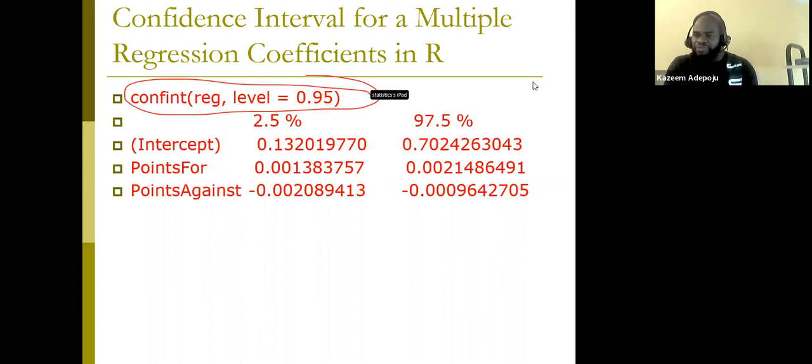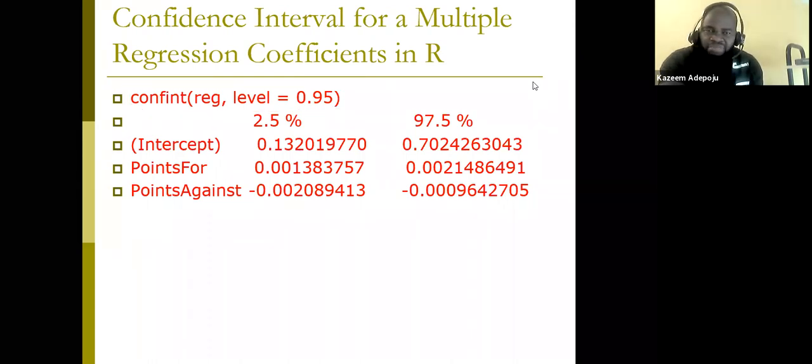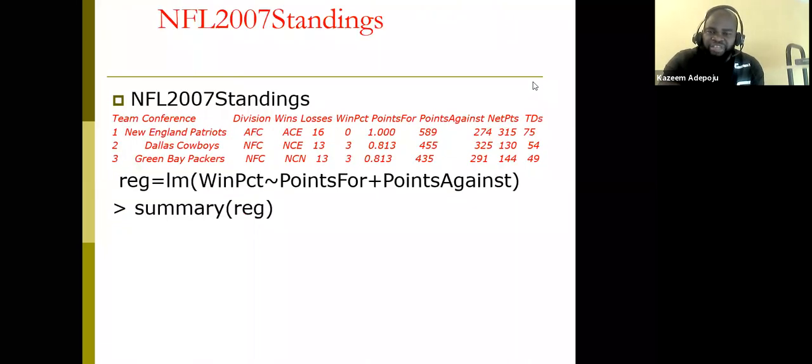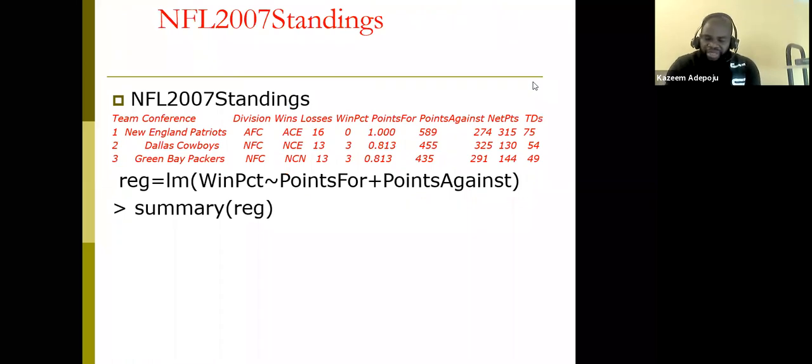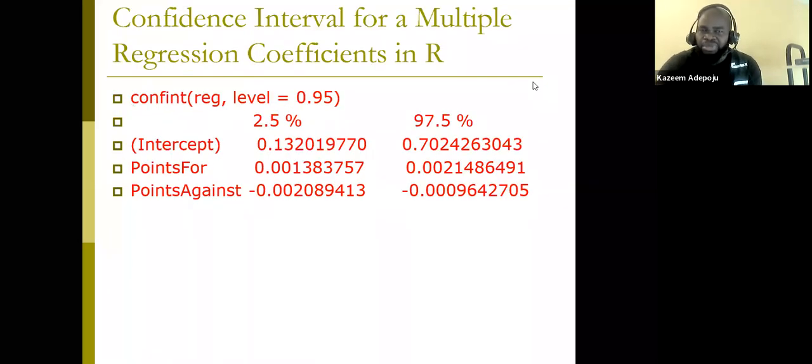That's going to be confint, then reg. Of course, don't forget, reg is what I use to save my model with. I'm going to show you right now. Take a look at that. I use reg, that is the name that I use in saving my model, when running that. And of course, if you take a look at that right now, this is the code.